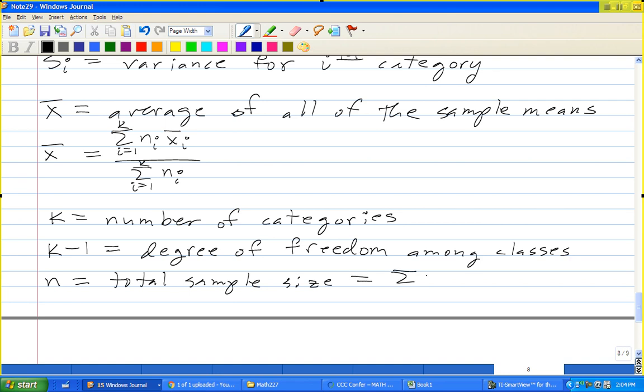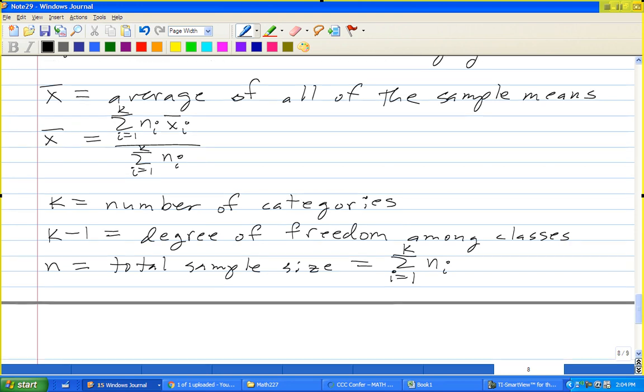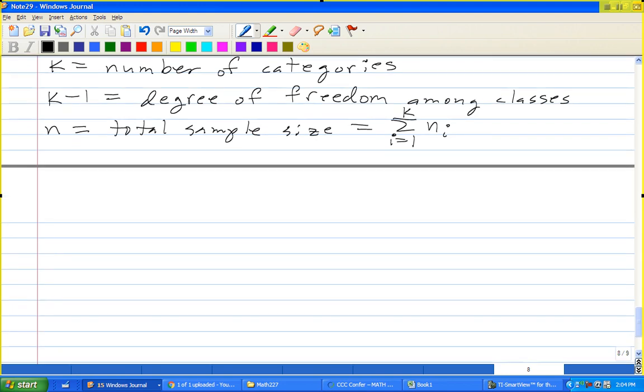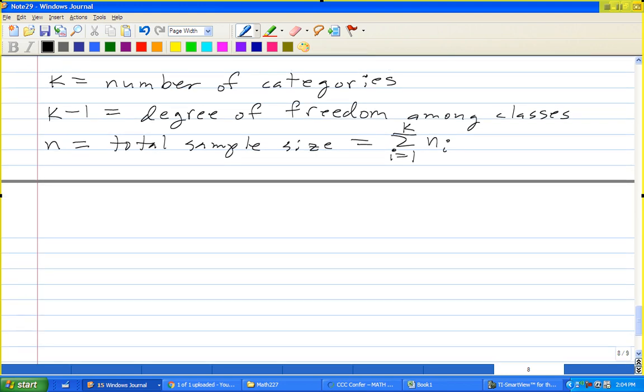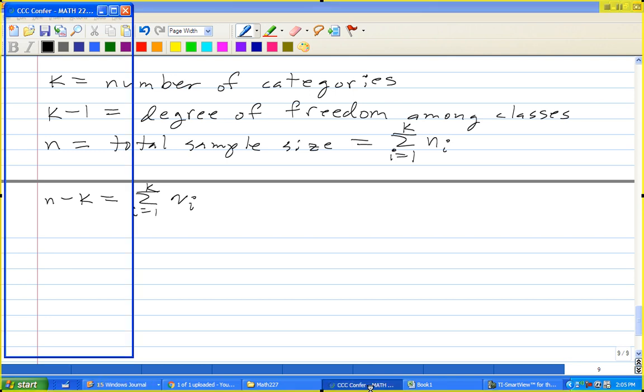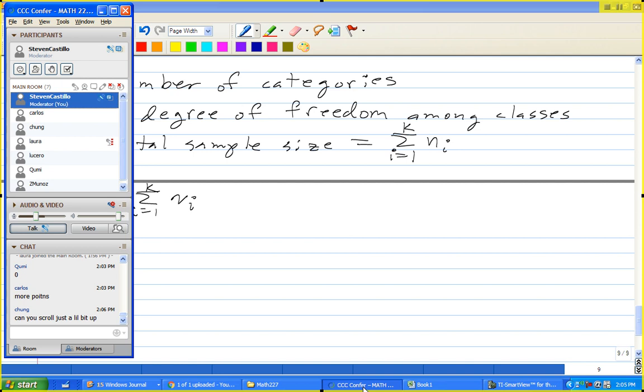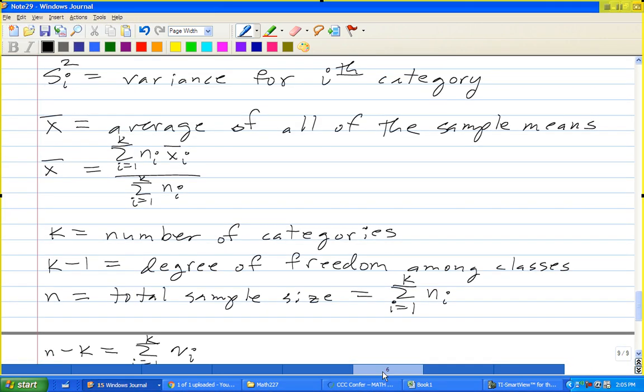It's the sum of all of the sample sizes. N minus K is the sum, probably have to scroll back up. Yep. There you go.